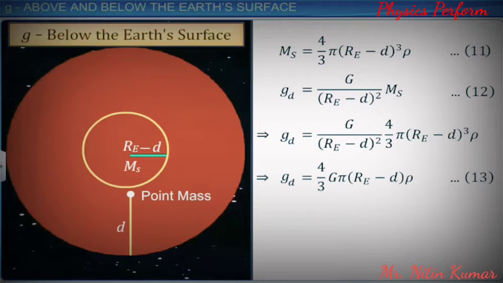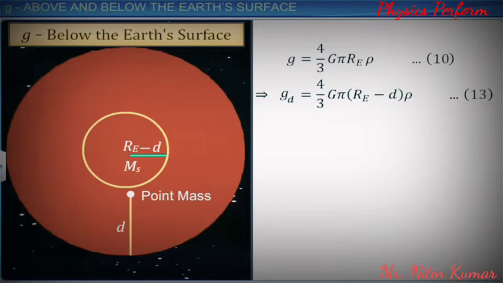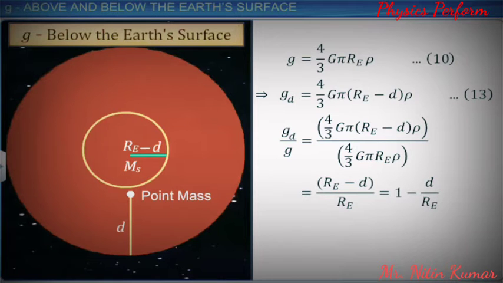Acceleration due to gravity at depth d inside the Earth can be compared with that on the surface by considering the ratio shown using equations 10 and 13. On simplification, we get equation 14, which indicates acceleration due to gravity at a given depth from the surface of the Earth as Gd is equal to g multiplied by 1 minus d by Re. That's how we derive the expression for measuring g above and below the Earth's surface.